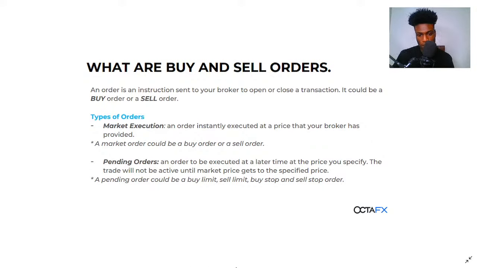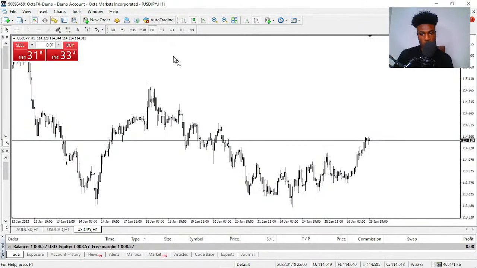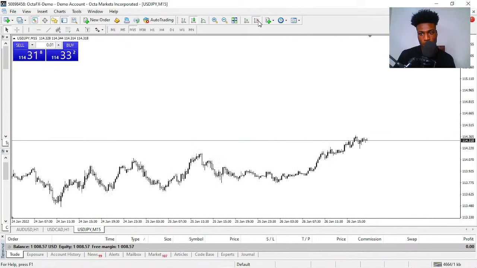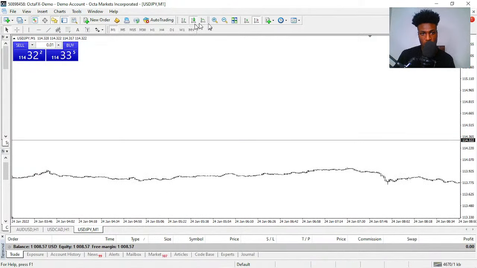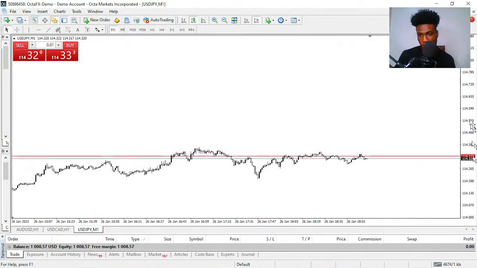So let's say, for example, you want to trade USD JPY, which is the US dollar against the Japanese yen. Let's increase this a little bit.